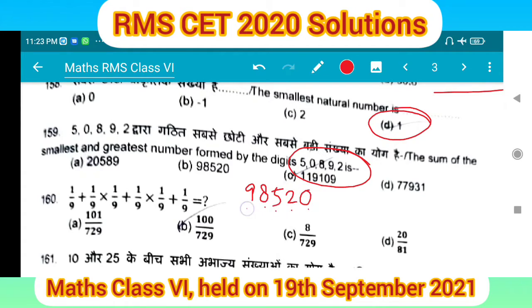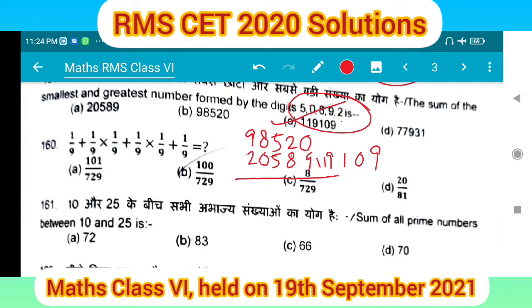The smallest number is 2, 0, 5, 8, 9. The sum means we add them, and it comes to 119109. This is the answer.